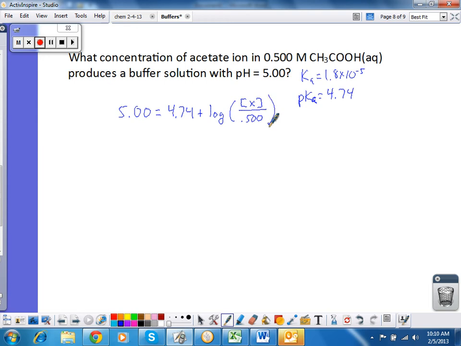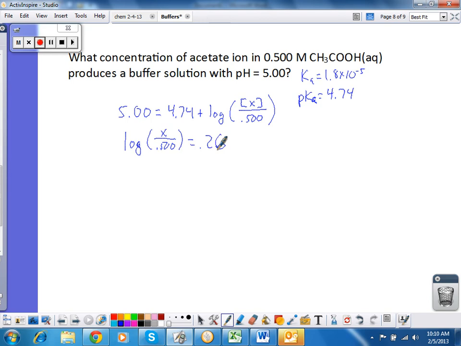And then I simply have to solve for x. So let's start trying to isolate x. So I know the log of x over 0.5 is equal to, I have to subtract those two numbers, 0.26.